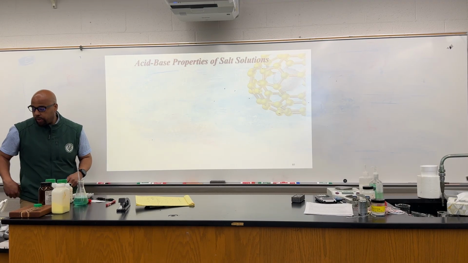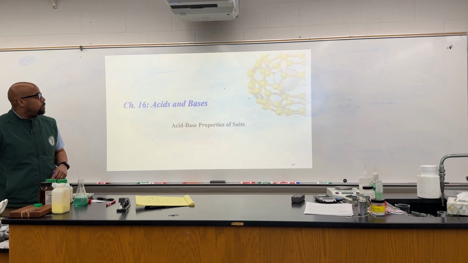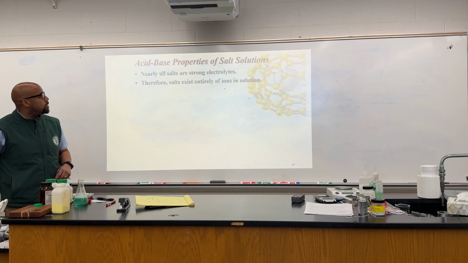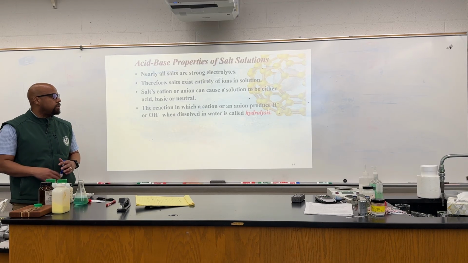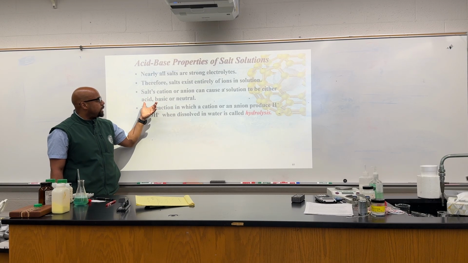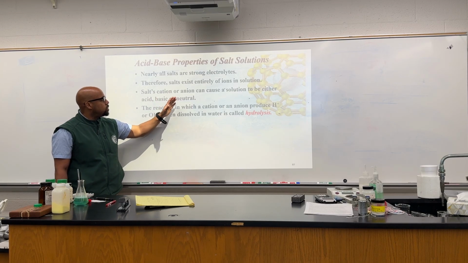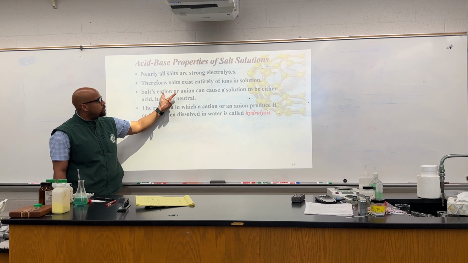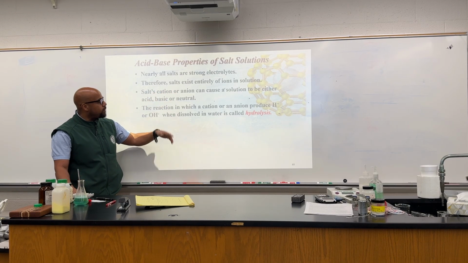Going through these notes, we said that when it comes to salts, salts are made up of cations and anions. We have to figure out, when we take the salt and subject it to water, is it going to be acidic, basic, or neutral? One of the things we want to do is break it into its components and figure out what's going to happen.